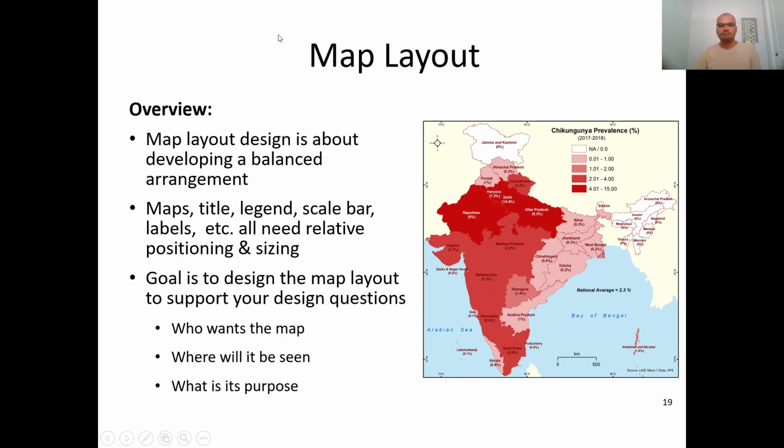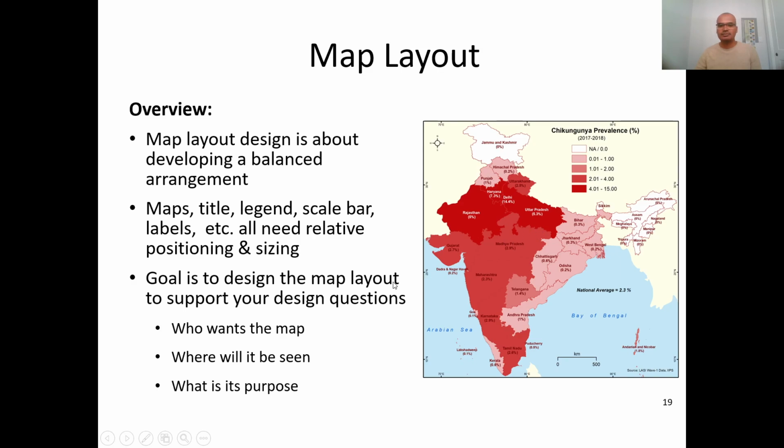It is about developing a balanced arrangement of different map elements, including the title of the map and the main information, and scale and labels to represent different units, and coordinate information and source of data and so on.